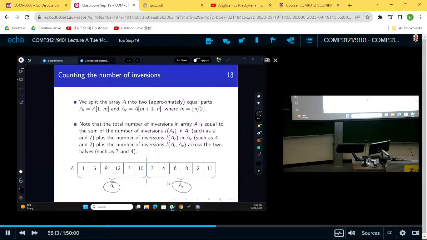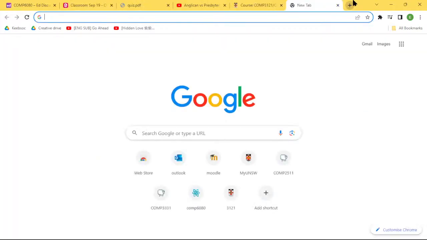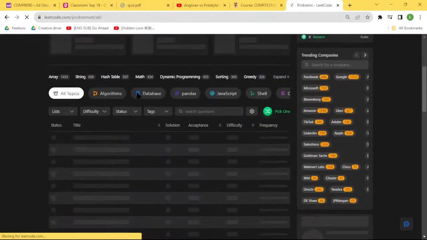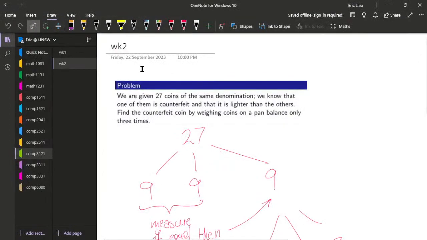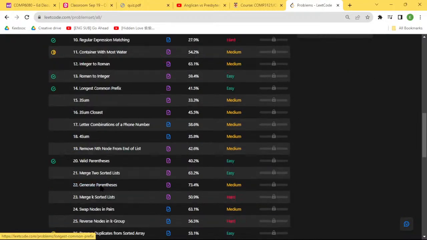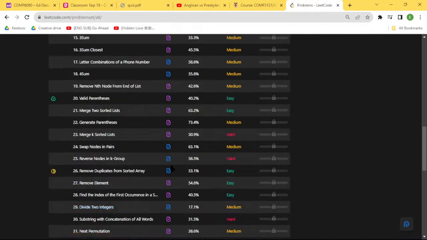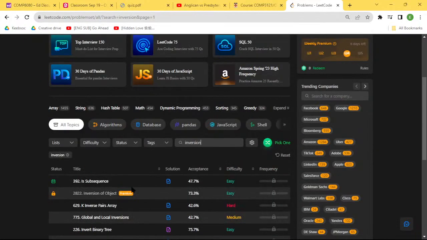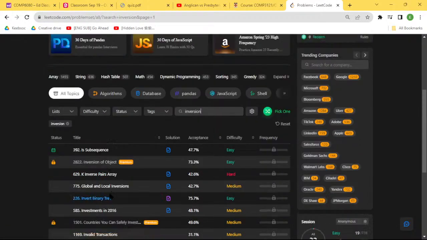Count the number of inversions. There has to be a LeetCode question on that. Is that the coin problem? This is the exact same question.